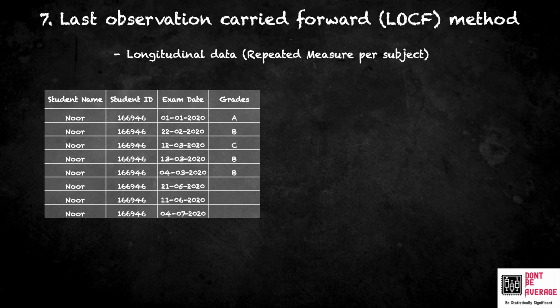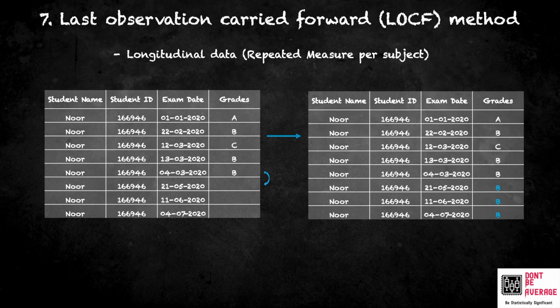So here, if a student drops out of a study before it ends, then his or her last observed score on the dependent variable is used for all the subsequent observation points. This is called last observation carried forward method. Like here you can see the last seen grade for this student was B. That is what is being carried forward.